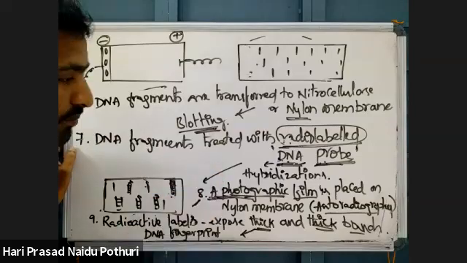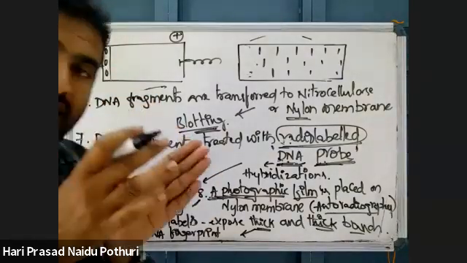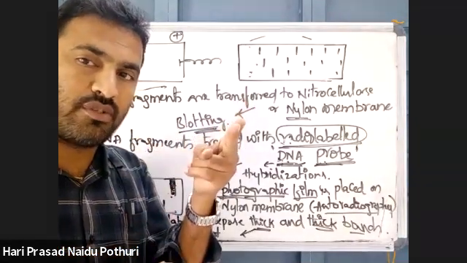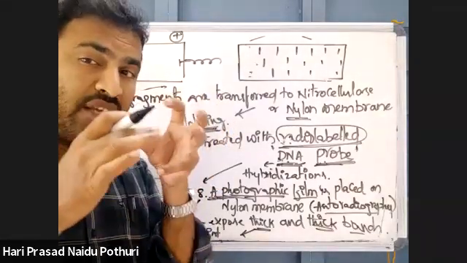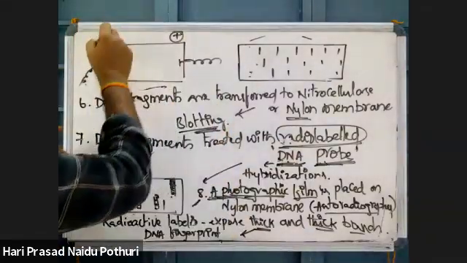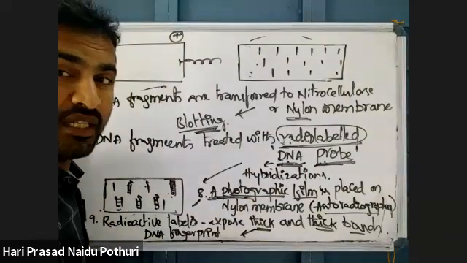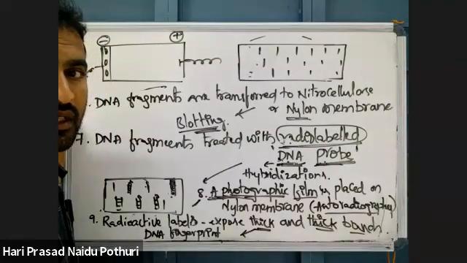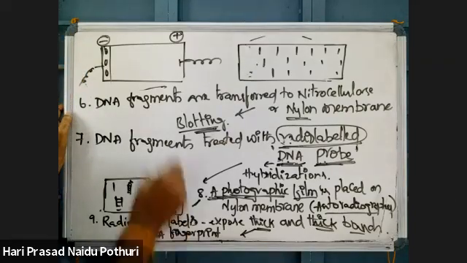The DNA that we took is cut with restriction enzyme, which means many pieces of DNA are formed. Those many fragments of DNA are now subjected to electrophoresis here. Electrophoresis means movement of charged particles under the influence of an electric field.